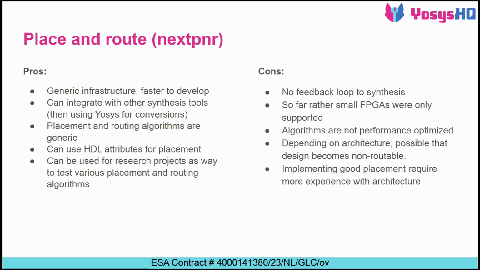And on the downside, again, for nextpnr, the problem is that mostly what people have implemented is the FPGAs that they were able to access and reverse engineer themselves. So we have a lot of support for ICE40, ECP5, the small FPGAs. Somebody added the Gowin and Lattice. But usually nobody is a hobbyist who can afford to get this 20K FPGA from NanoXplore that is radiation-hardened for space applications.